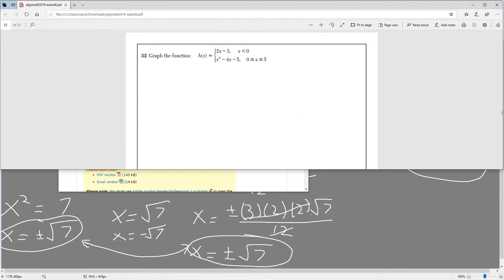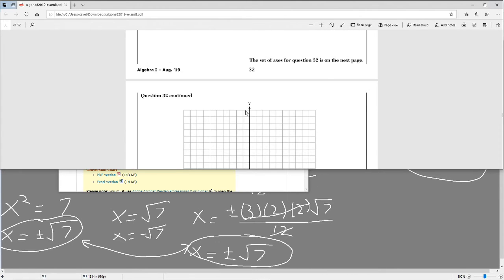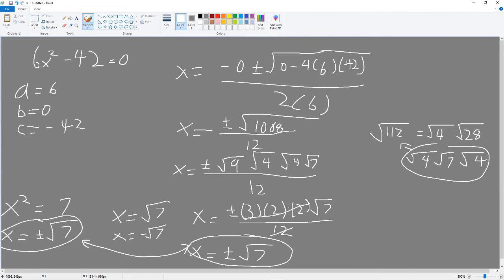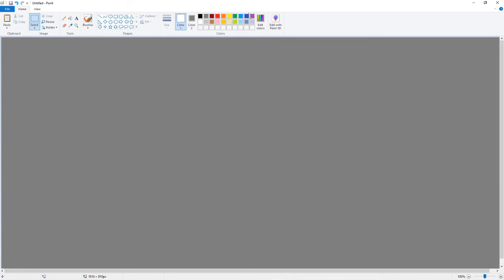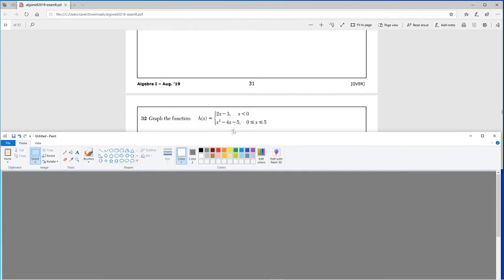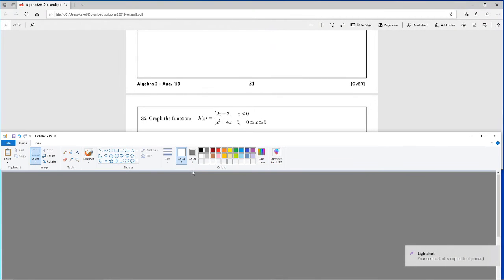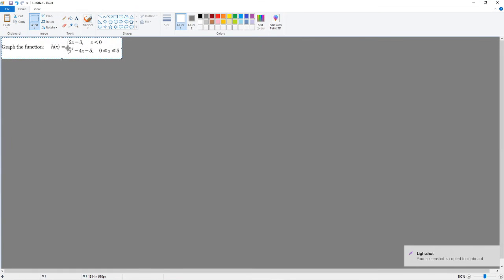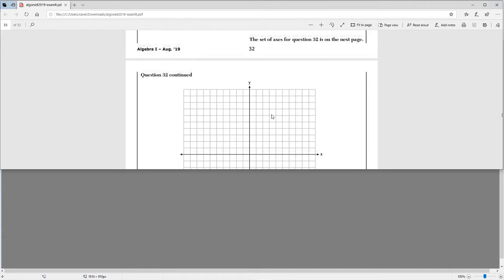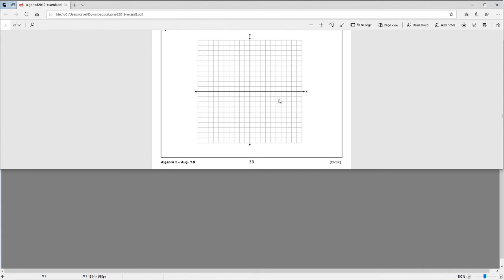And now I have graphing a function. All right, so let's delete this. So I've graphed the function. Let me copy the set of axes.